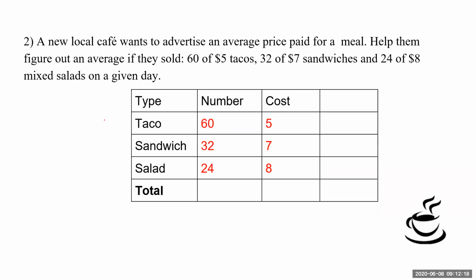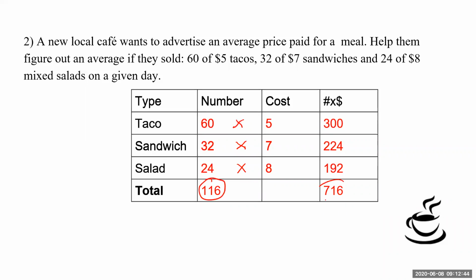So you put this on a spreadsheet or on a table. Does this resonate with you? Does something come to mind? So what do you do here? You multiply the number by the cost, the number by the cost, the number by the cost. You see that? Now, what is the total number that was sold? The total number that was sold is that.